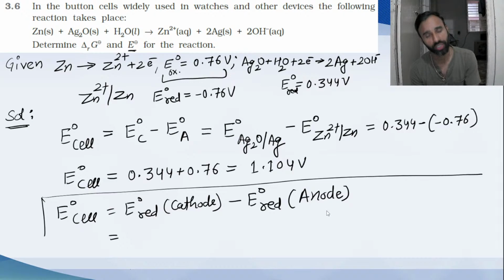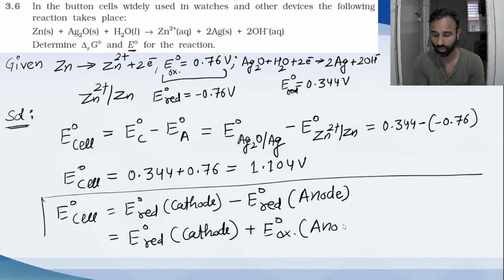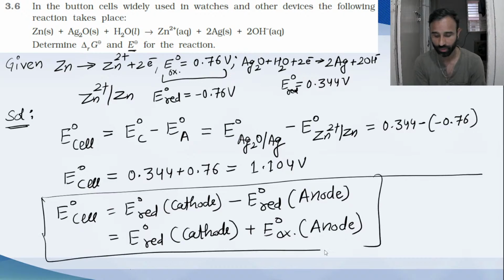At anode oxidation takes place, that's why it is minus E naught reduction. Otherwise you can write it as E naught reduction of cathode plus E naught oxidation of anode. This is the way to calculate E naught cell. This is the formula to calculate E naught cell.